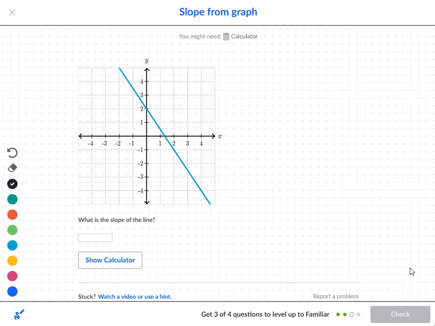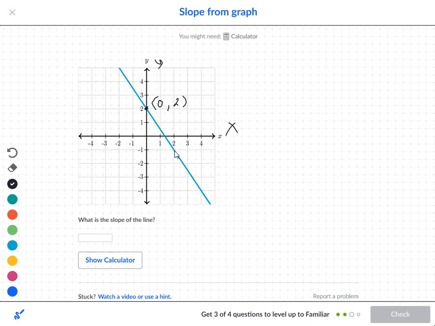Okay, next problem. I like looking for the x and y intercepts. Where does it touch? Well, right here it touches at the 2. And this would be 0 because we don't go left or right, but we do go up 2. So that point is 0, 2. Let's look for our next complete point.